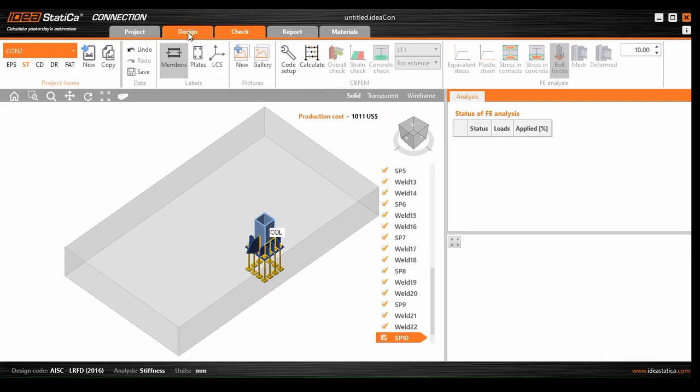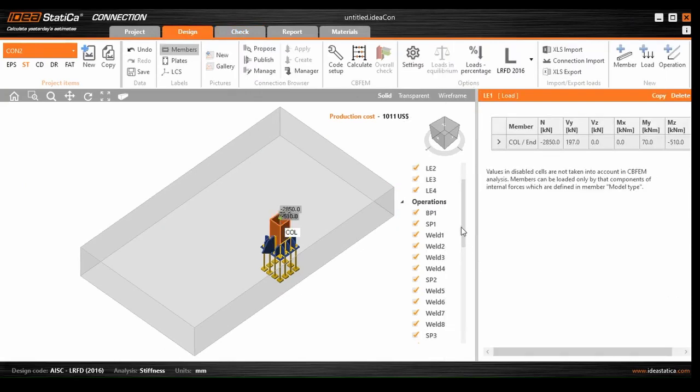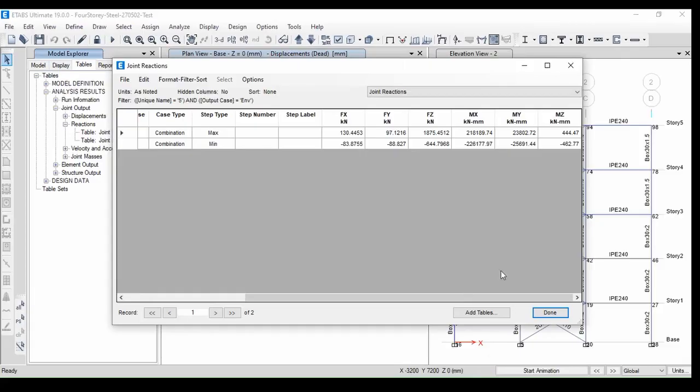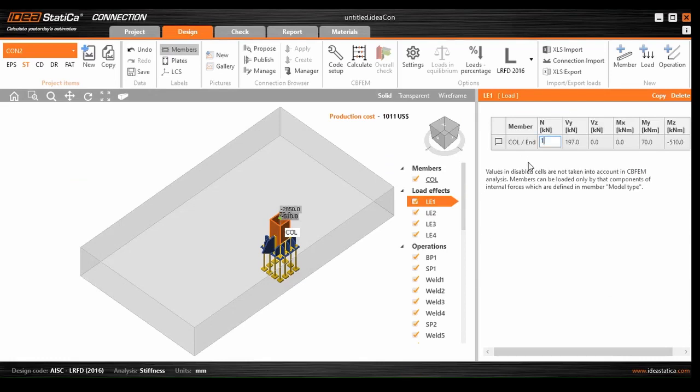And okay, get back to IDEA in design. Under the load effect, choose LE1. Come back to here and see if FZ is representative of axial force. 1875.